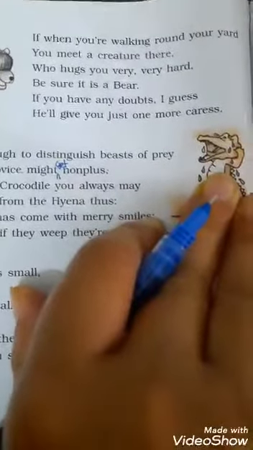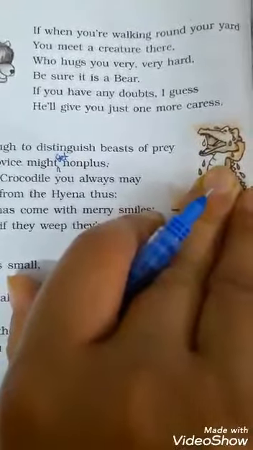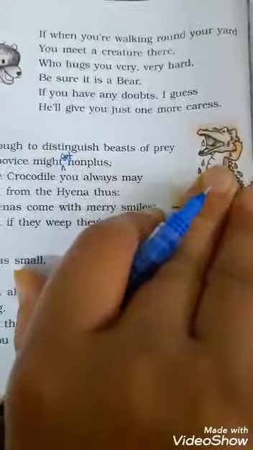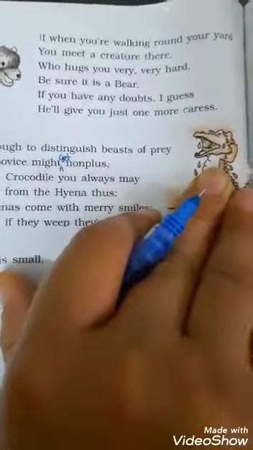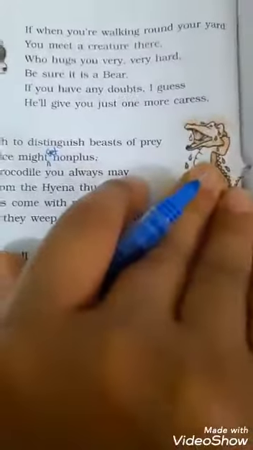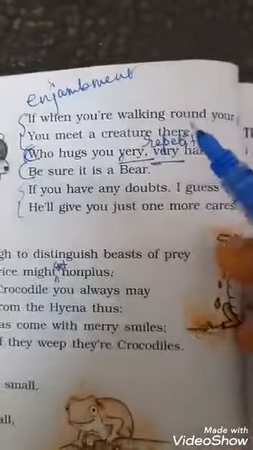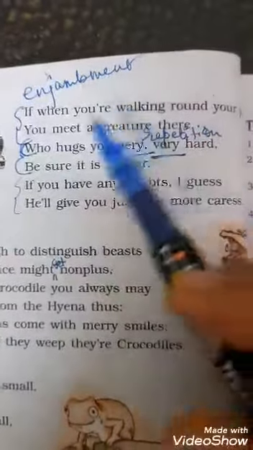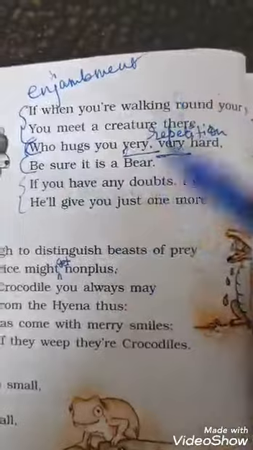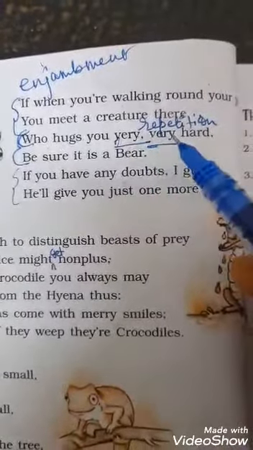That is where the poet has added irony, that the bear would knock you down, would claw and maul you, kill you. And then you will be able to understand that it is which animal? The bear. Now in this stanza you will see enjambment has been used. Just go through it. And this word very is being repeated here.